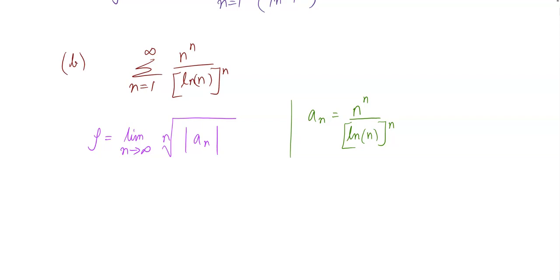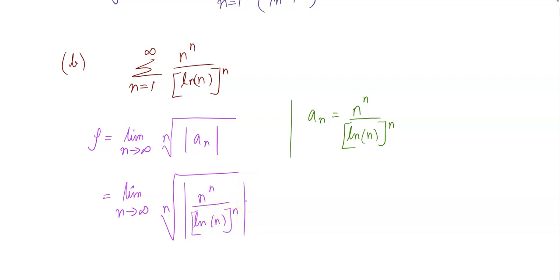So it's the nth root of the absolute value of n power n over (ln n) power n. We close the absolute value bar. Here again, we know that n is a positive integer.